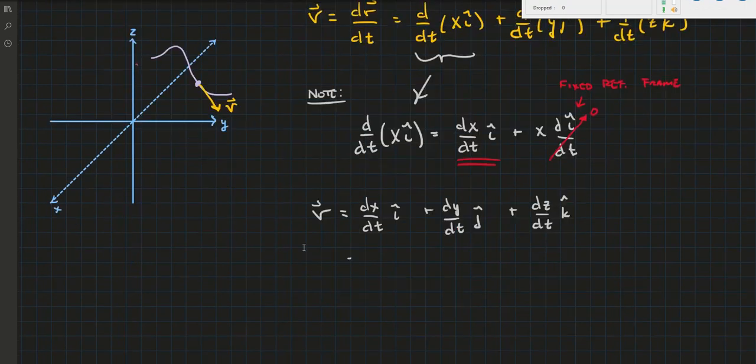We call this velocity in the x direction plus velocity in the y direction plus velocity in the z direction. Or maybe we'll write it as x dot i plus y dot j plus z dot k. I think that's Newton notation.